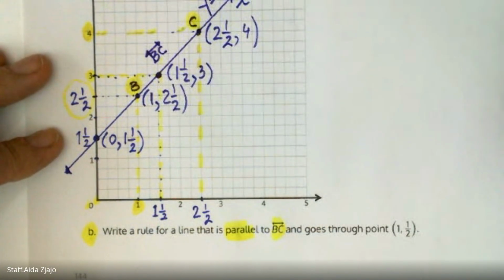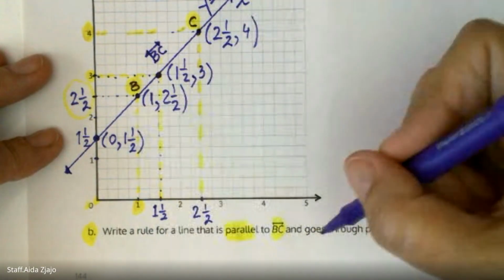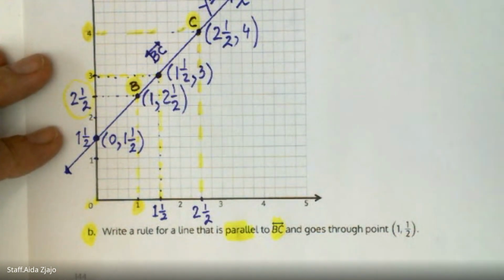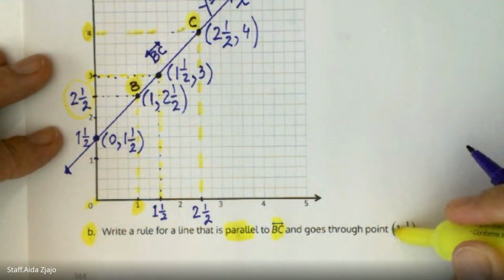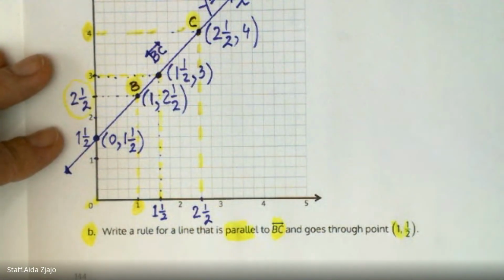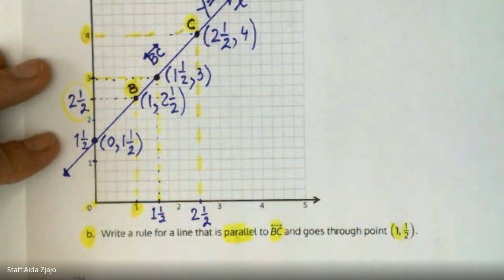That's how you label line BC, and it goes through the point 1 and half. x is 1 and y is half. So let's find that point right here first.